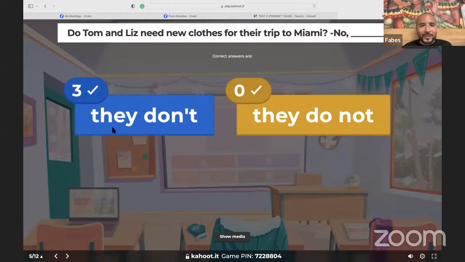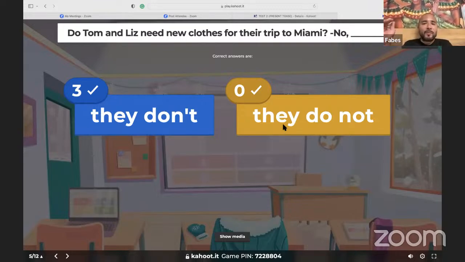Yeah, they don't. Because the question is do, right? So don't. Present, present. They do not. It's also possible, but more emphatic. So the difference in tone between these two is this one is completely standard. Okay? Disaffected. No, they don't. But here there is affectation.